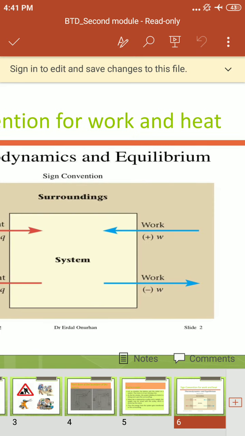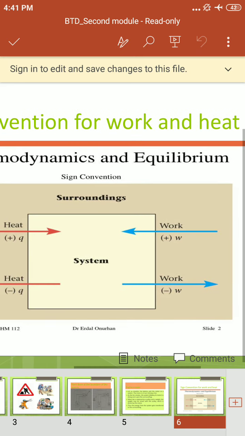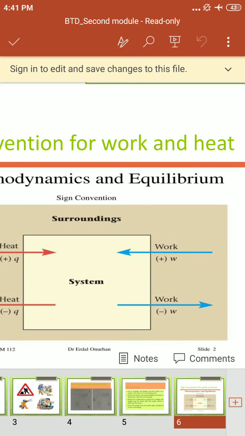Just remember that. What does sign convention mean? It means when work is positive and when work is negative.